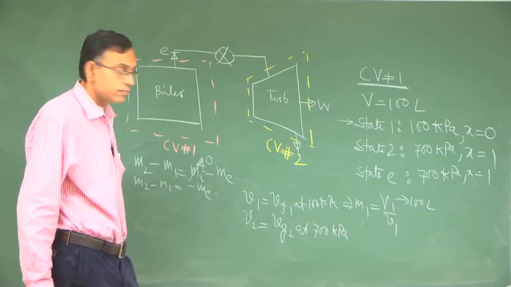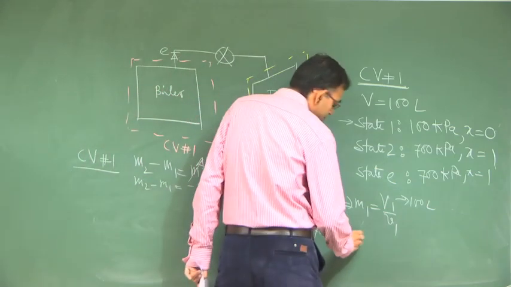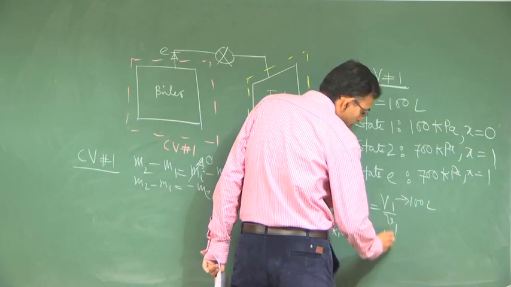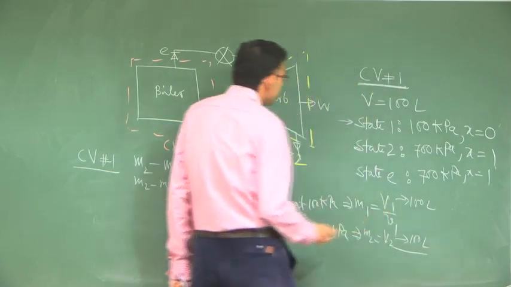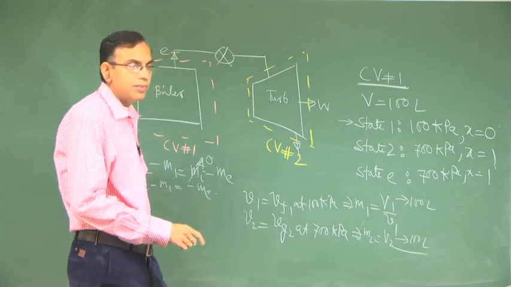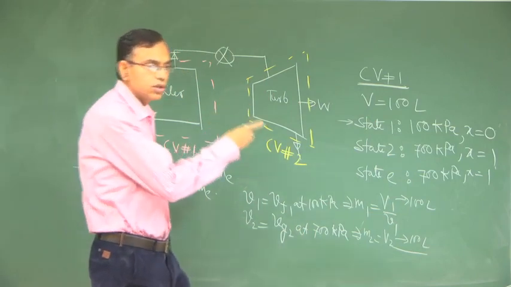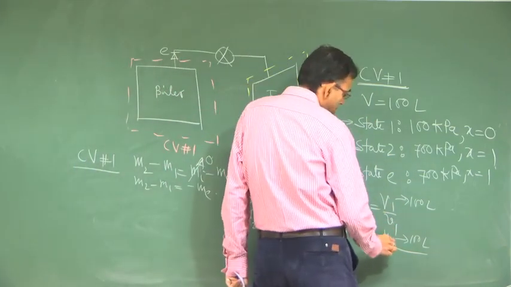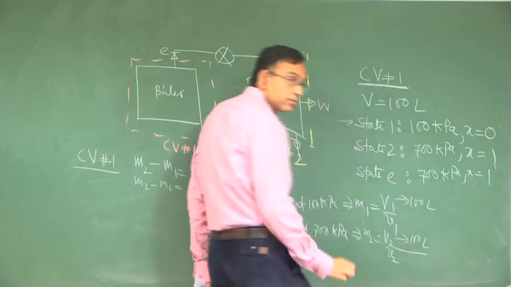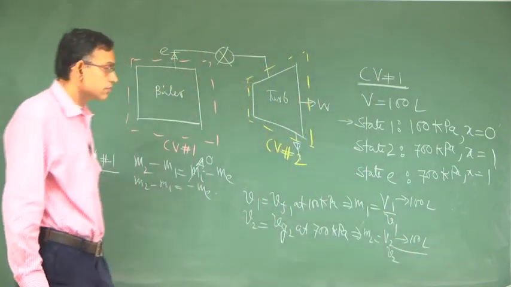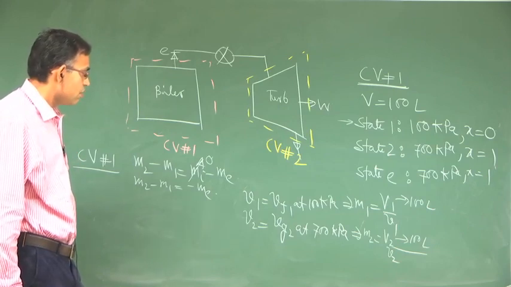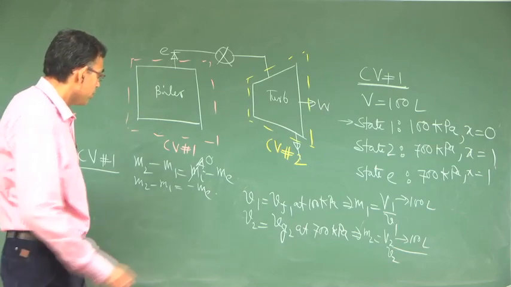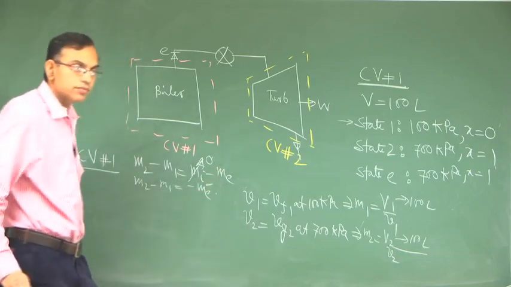Okay. So, M2 is V2 by v2, where V2 is again 100 liter. Remember, 1 liter is 10 to the power minus 3 meter cube, so you have to convert that to meter cube. So, you can calculate Me.